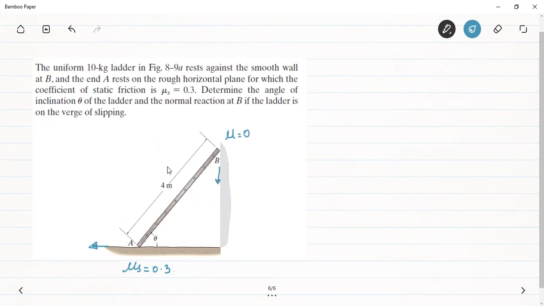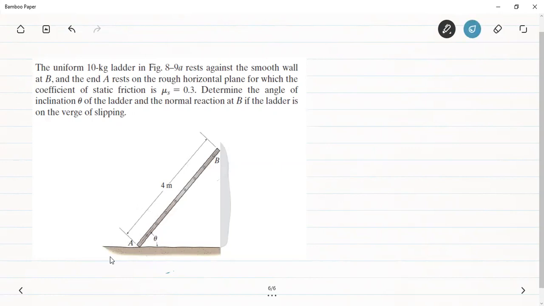If we lower the inclination beyond this, the ladder will slip. But still, in this case, it is at rest; it is the case of impending motion, that is, it is about to slide. We have to find the angle at which it is about to slide.